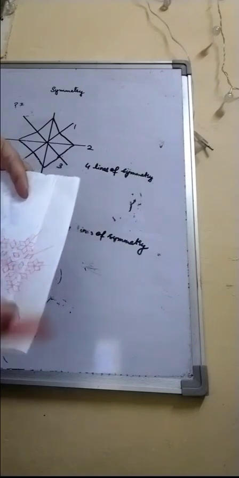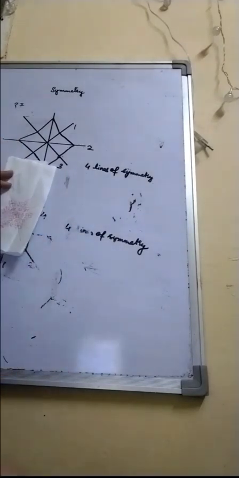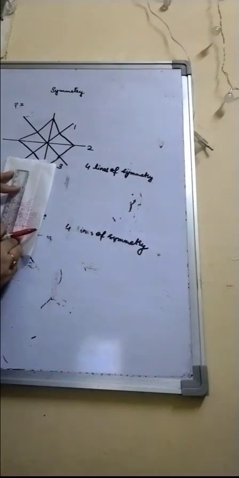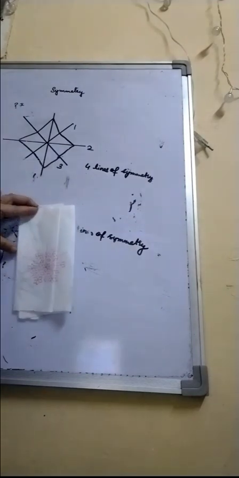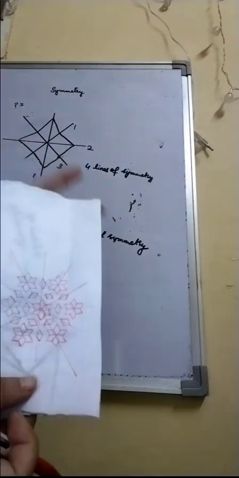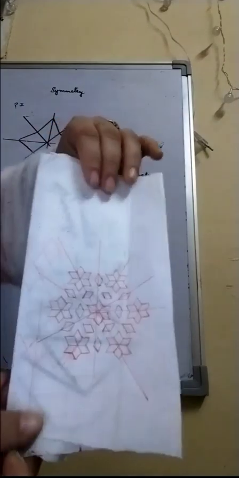Then there is one more block here. You would get the sixth line of symmetry for this. So this is your column, and you get a total of 6 lines of symmetry.